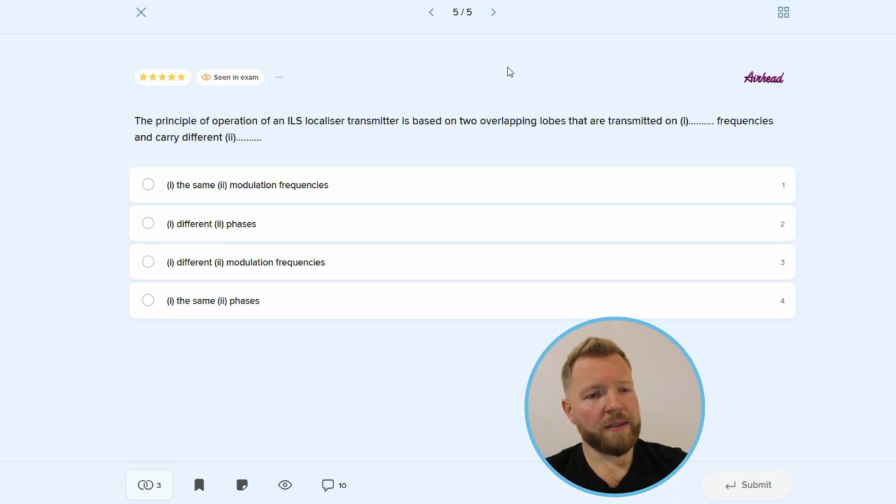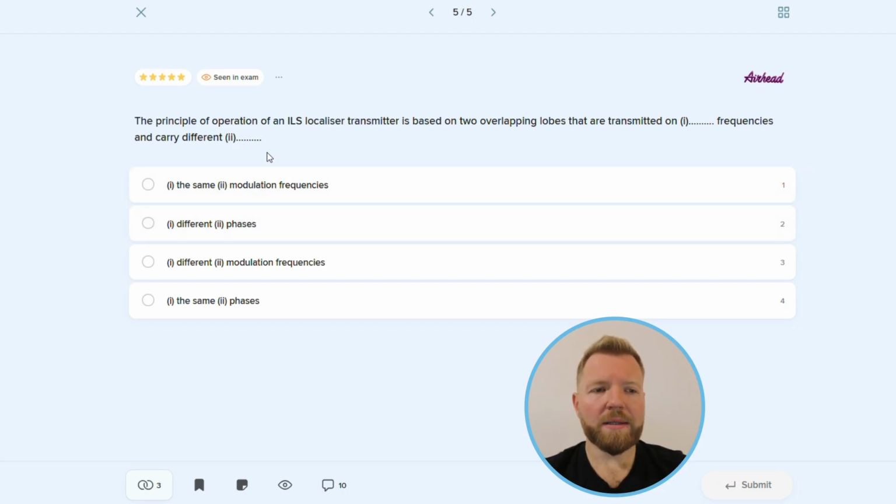Right, last question. Question number 5. The principle of operation of an ILS localizer transmitter is based on 2 overlapping lobes that are transmitted on the same or different frequencies and carry different modulation frequencies or phases.